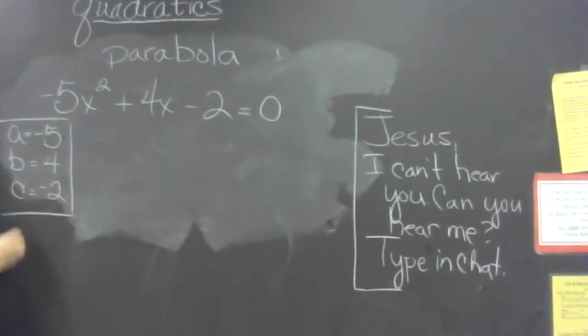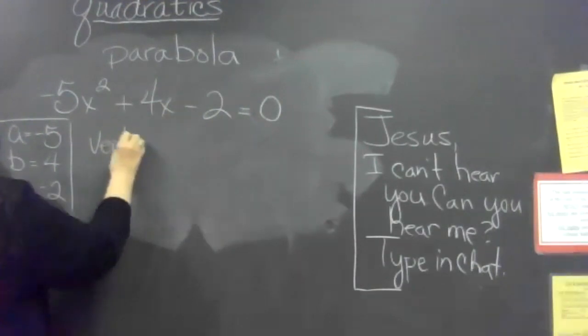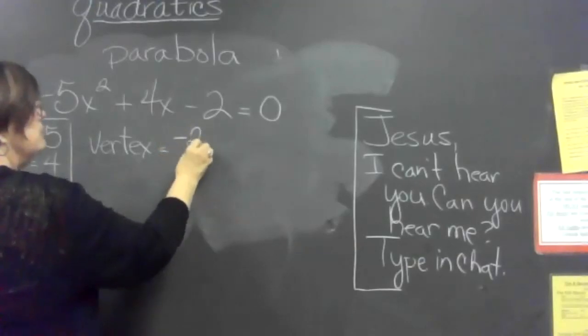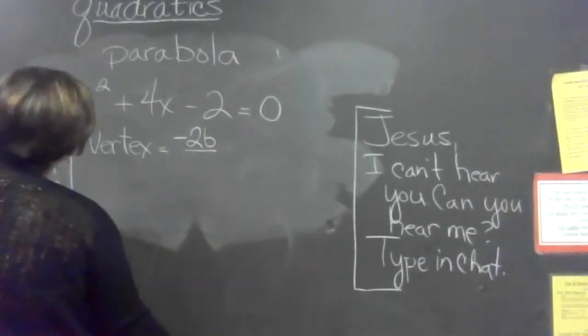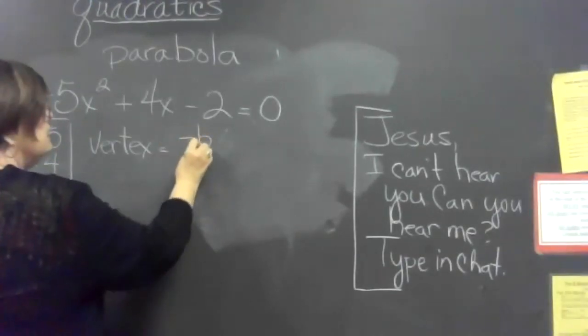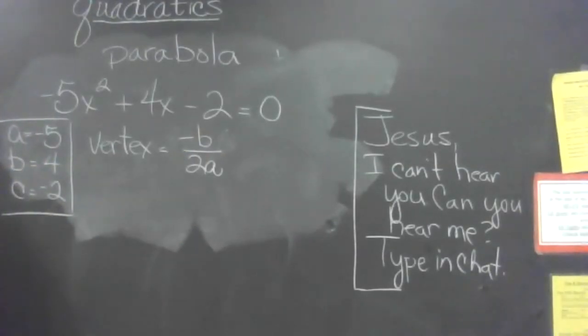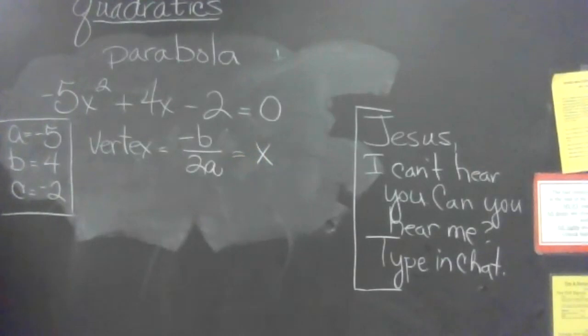Now that you know your ABCs, and you'll be picking those out a lot, then the way that you find the vertex is negative the value of B over 2A. Negative B over 2A. And that will give you the X part.